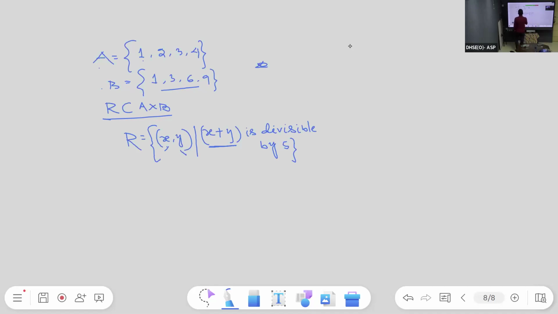So if you take x as 1, 1 plus 1 is not divisible by 5, 1 plus 3 is not divisible by 5, 1 plus 6 is not divisible by 5, 1 plus 9 is divisible by 5, 1 plus 9 is equal to 10.